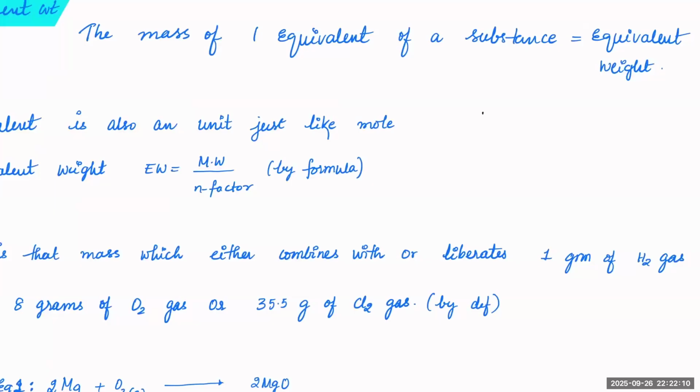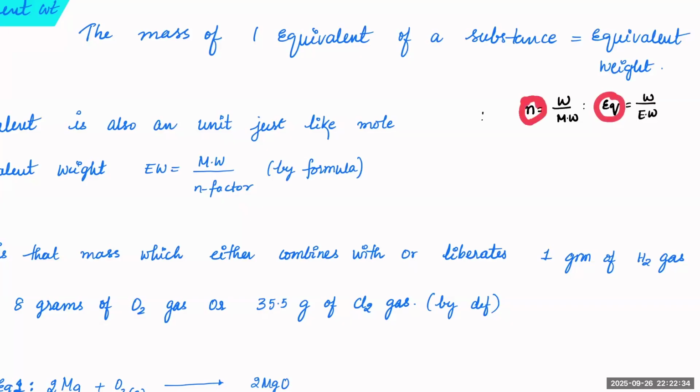In the same way, mole was defined as a formula, that is weight of a substance divided by molar mass. On similar lines, equivalent is also a number which can be defined as weight divided by equivalent weight instead of molecular weight. If you do this with equivalent weight, then we call this equivalence.